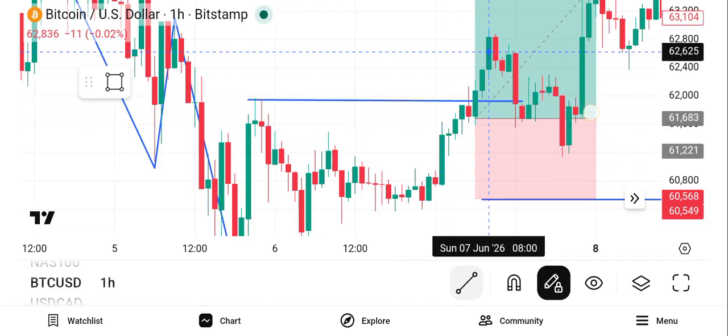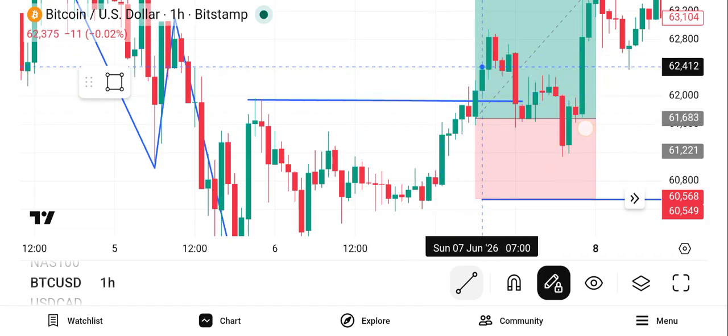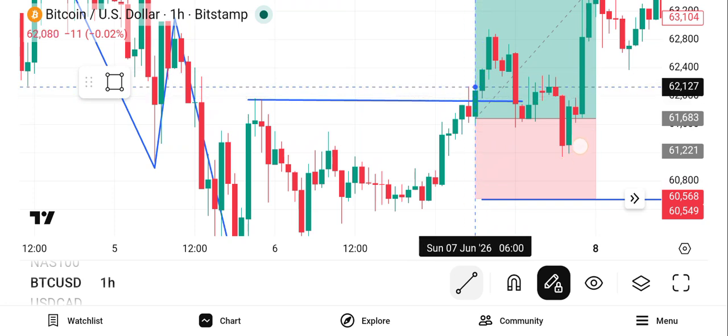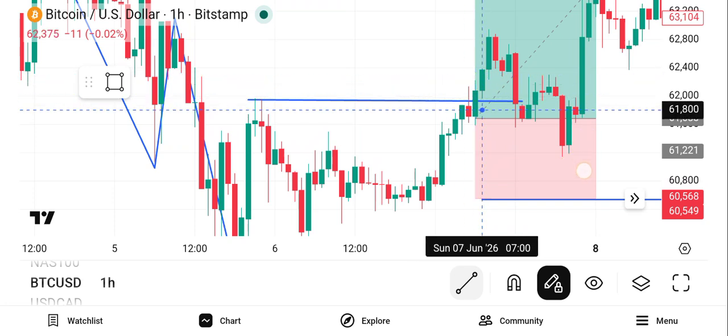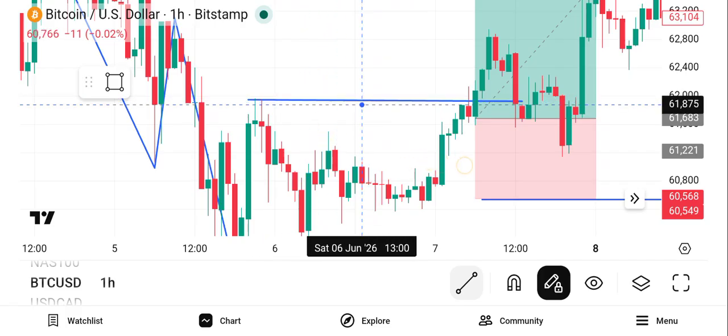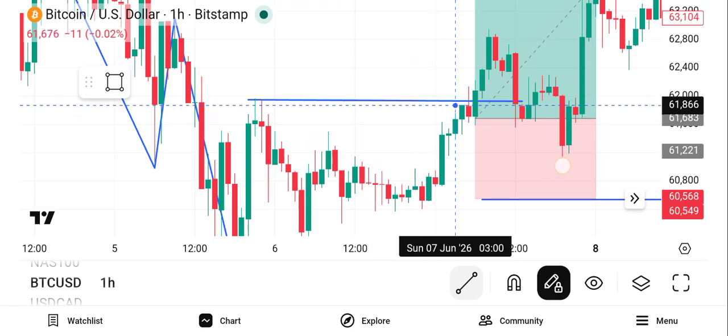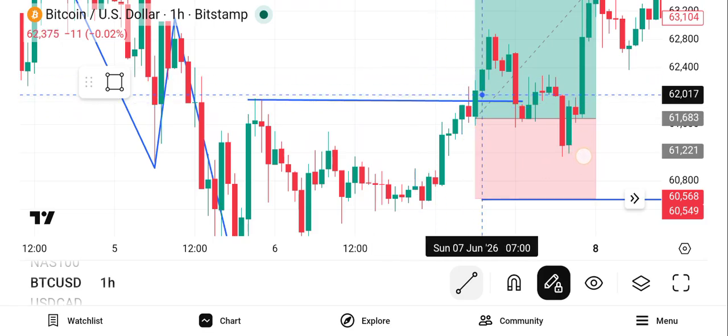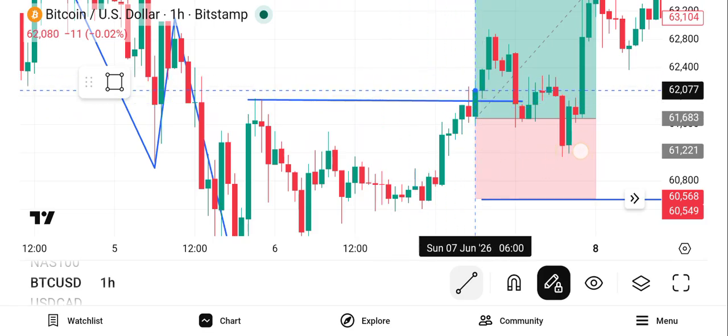What is the fair pullback that we have now? You can see after this candle that causes the market structure shift, it must break above the last zone, either for uptrend or downtrend. It must break above the zone and then close with a candle body above the zone, not with a wick.